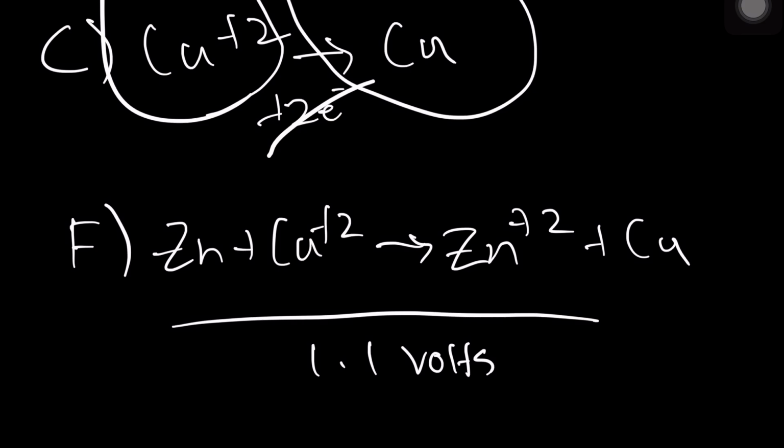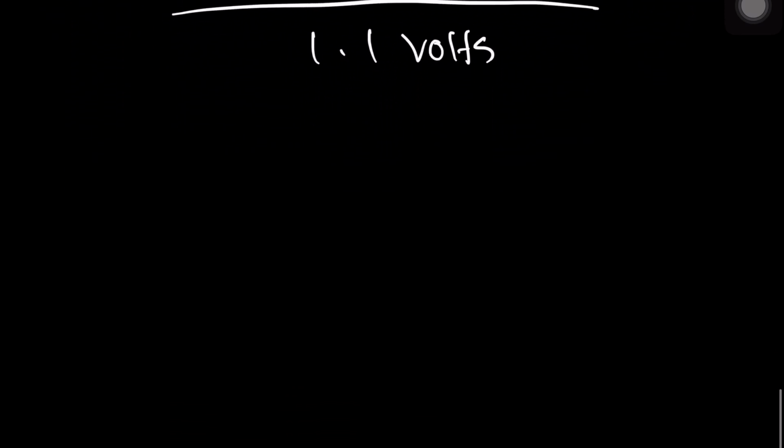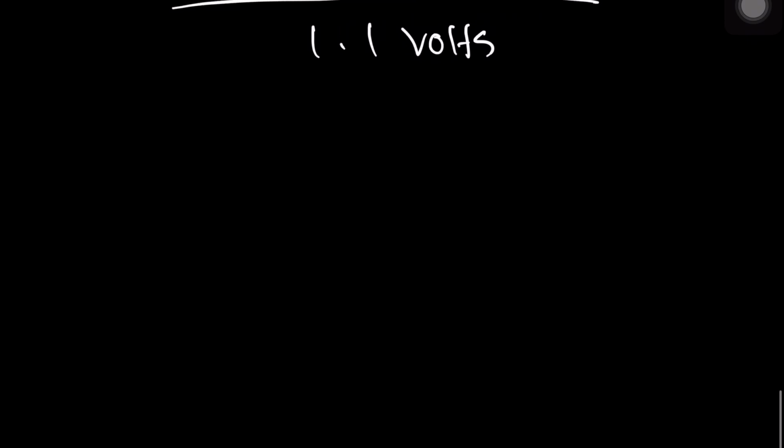Now let us move on to the next example, which is the dry cell. The dry cell is a special example where the cathode is actually not very reactive. It doesn't take part in the reaction basically. So let's draw our two beakers again.